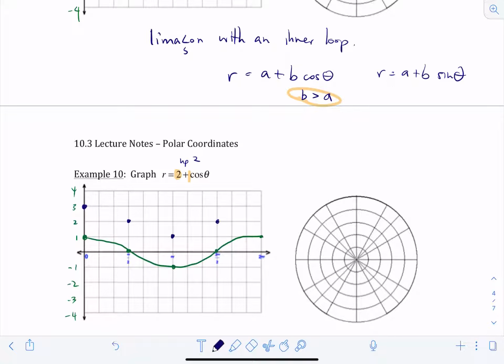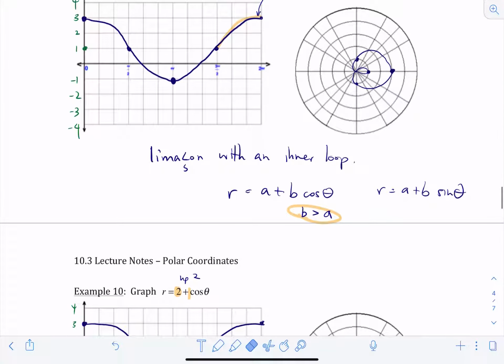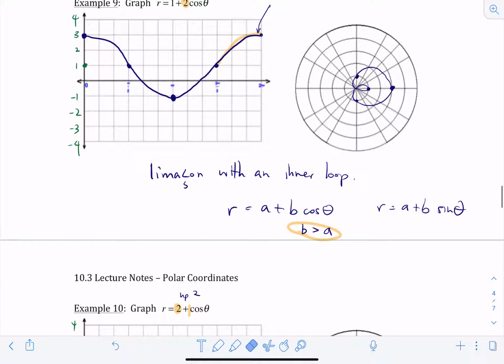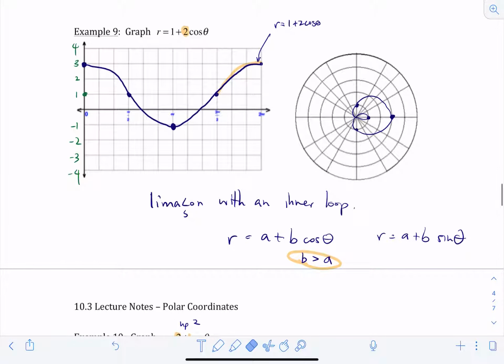And 1 plus 2 is 3. So actually my graph looks like this. And let me delete this part. Okay, so I want to graph this. You saw how in the limaçon with an inner loop, our graph dropped below the x-axis, or the theta axis, I guess.